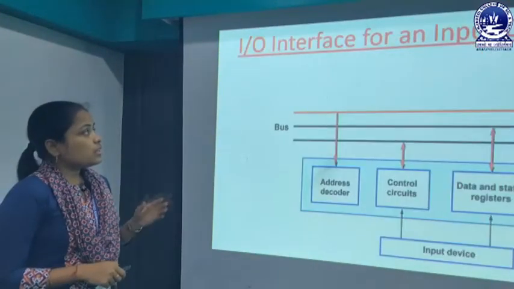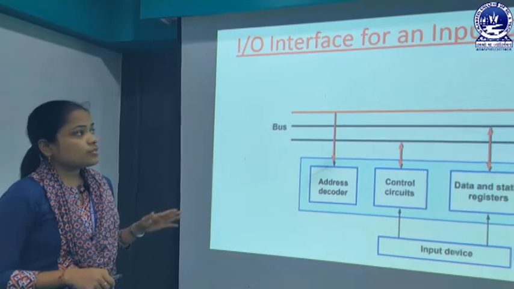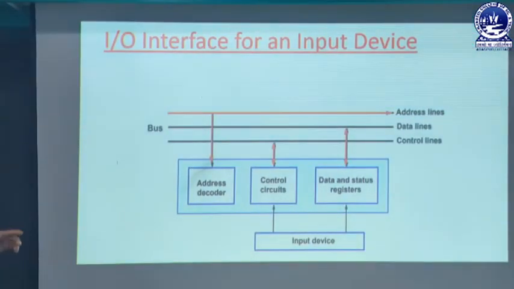Okay. The next one is the interface for an input output device. Here, as you can see, there are three lines: one is used for address, another for data, and another for control. Basically, the buses inside the computer system are divided into three lines.